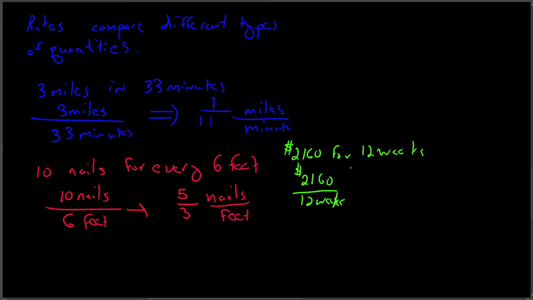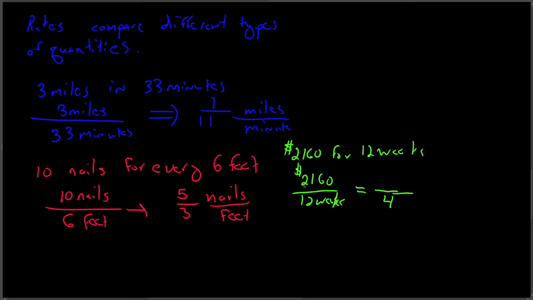Now, I notice both are divisible by 2. Let's see, that's 3, 9. Both are divisible by 3 because these add up to 9. So I'm going to divide by 3. So 12 divided by 3 is 4.